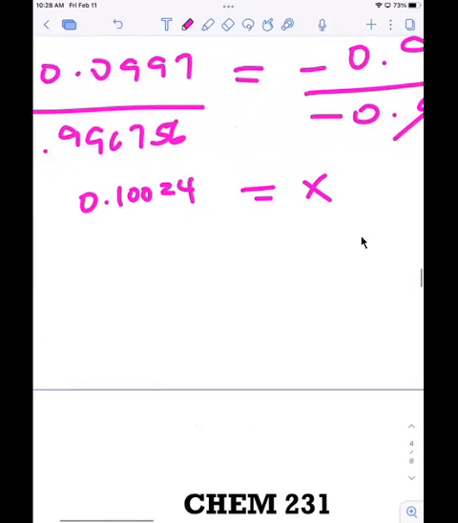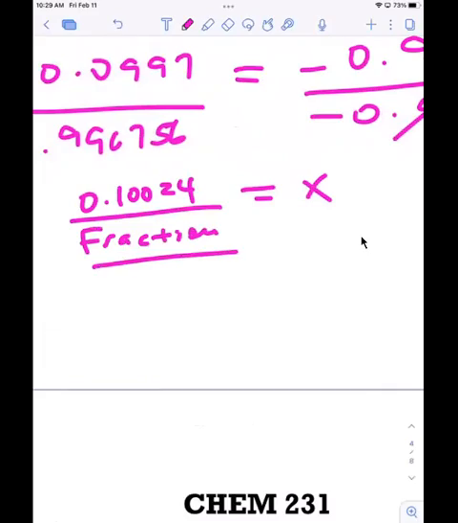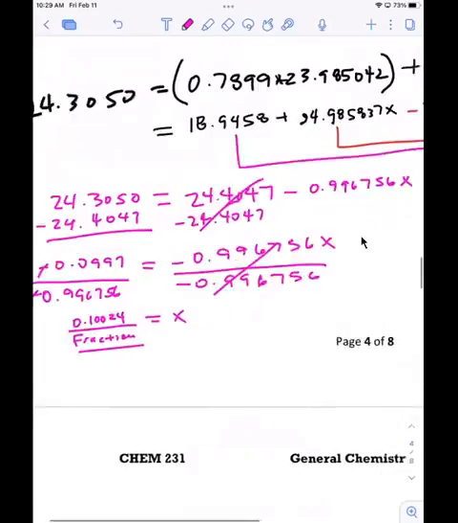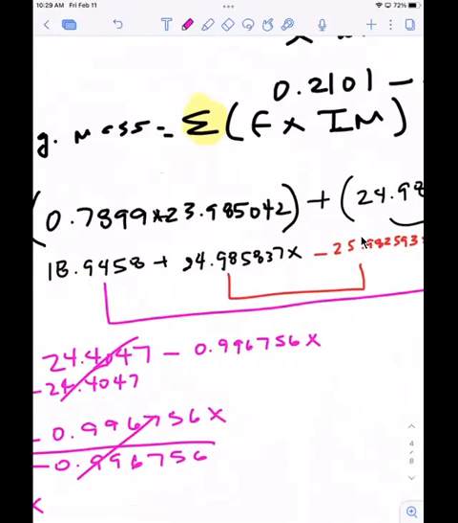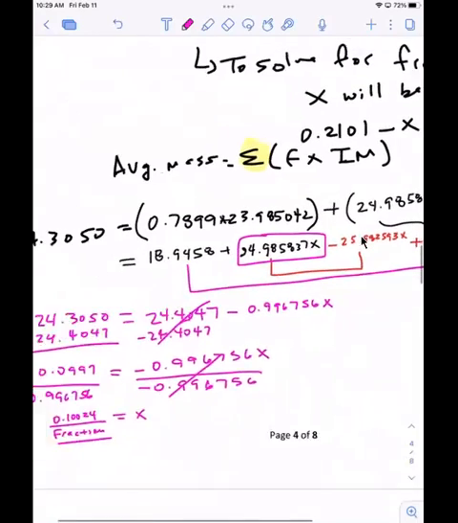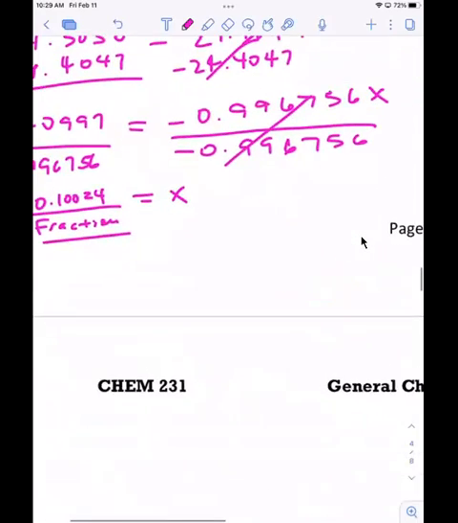All right, so this is the X fraction. Following? And that is going to correspond to magnesium 25, which is right here, right? So that X is for magnesium 25.